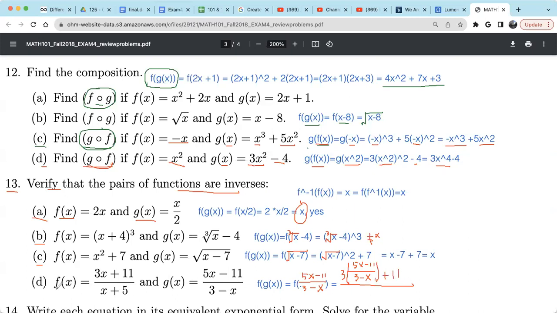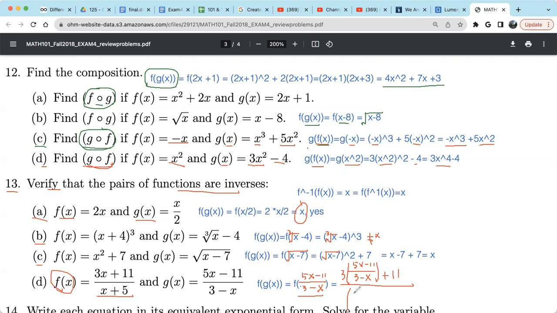Then the denominator. I'm looking at F. So you see F is defined with the numerator being 3 times the input plus 11. My input is (5x minus 11) divided by (3 minus x). So I do 3 times the input plus 11. Now the denominator: the input, add 5 to it.